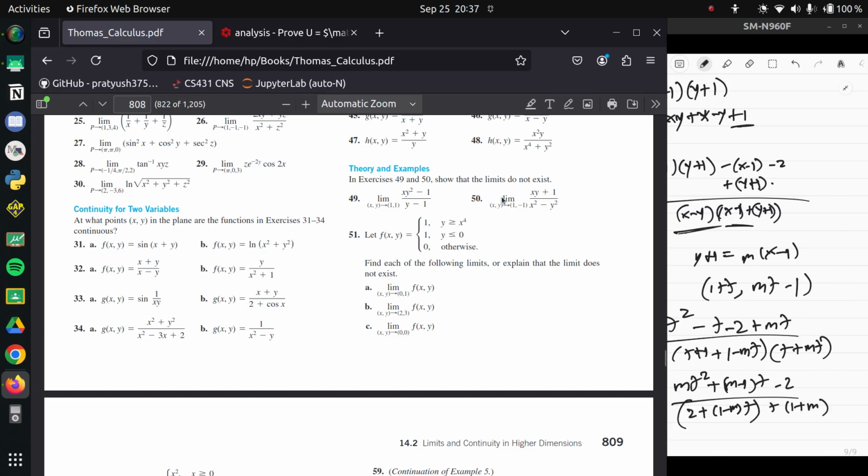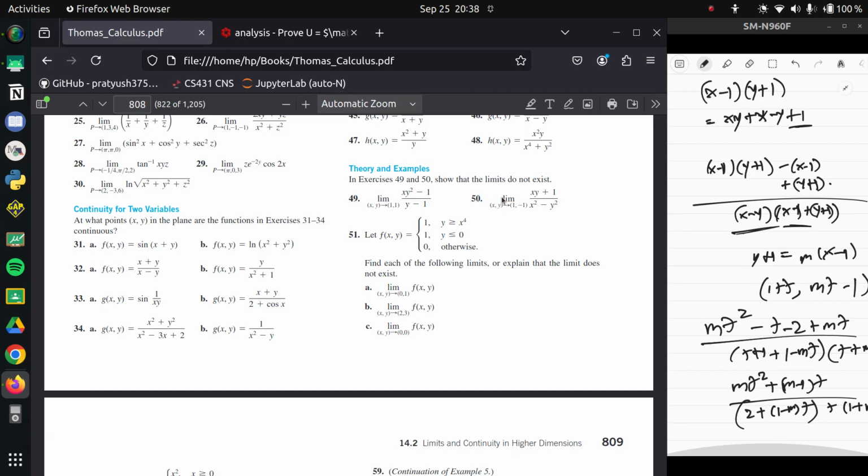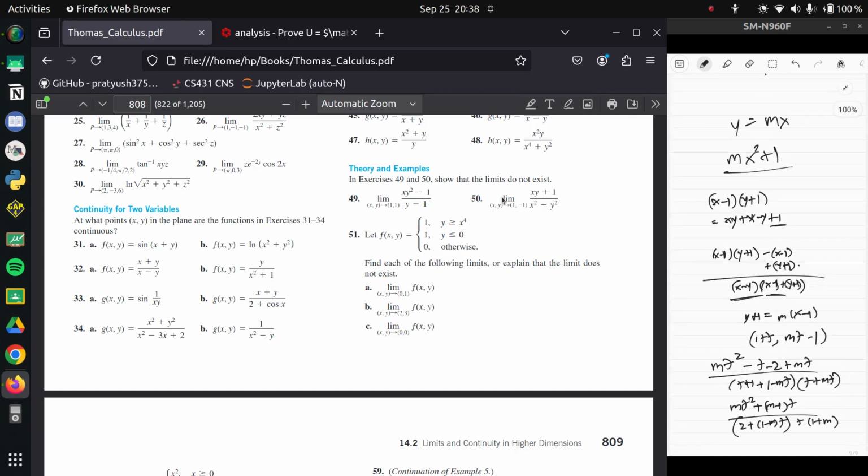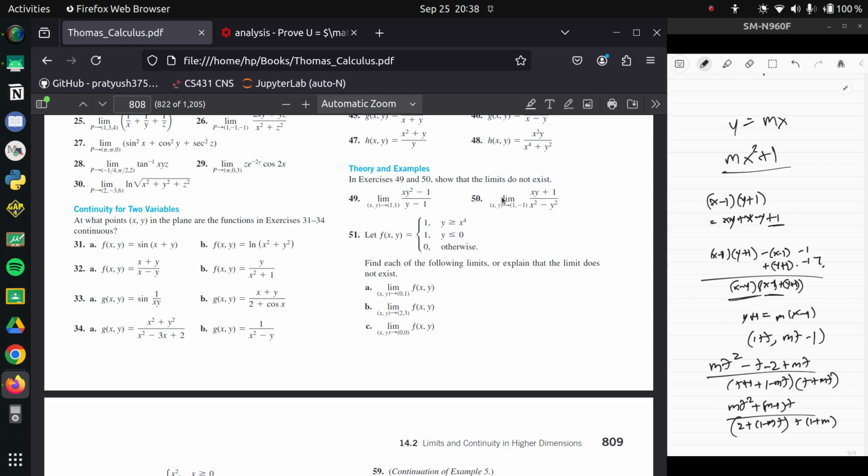Oh, I see. So the numerator actually approaches some finite quantity. No, it should have put 0, right? This should be minus 2. This should probably be 0. I must have messed up something. This doesn't make sense.